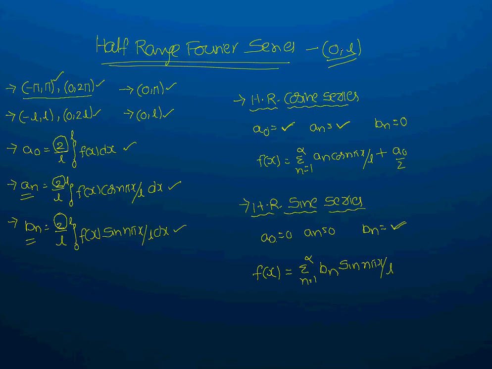So now we have to find the half range sine series and cosine series for f of x is equal to x in the interval 0 to L. Now we are going to find the half range sine series for f of x is equal to x, and the half range cosine series.